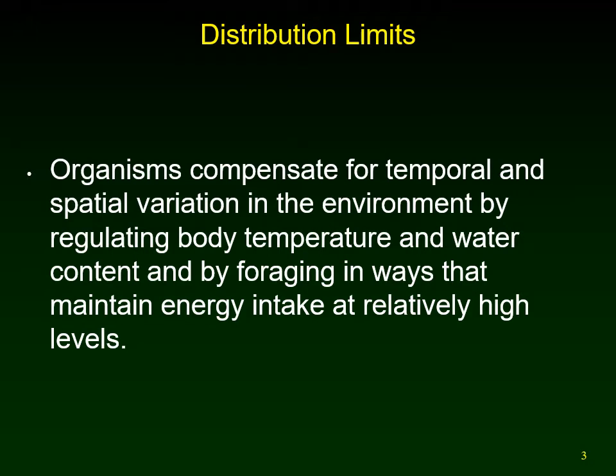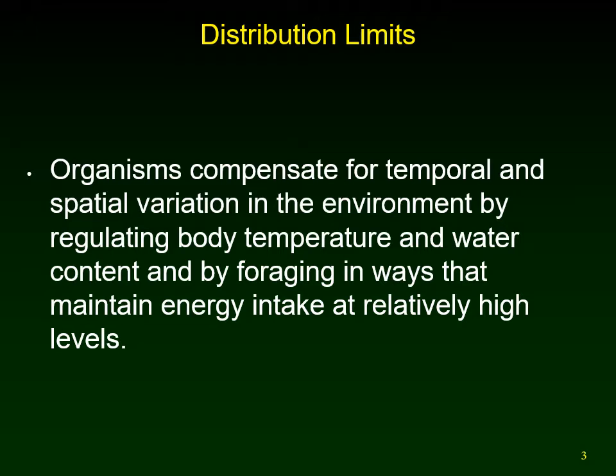So when we're looking at the limits of a distribution of a species, we know that organisms can compensate for changes in the environment by regulating their body temperature and their water content, and foraging in different ways, allocating energy to foraging that would maintain their energy levels.